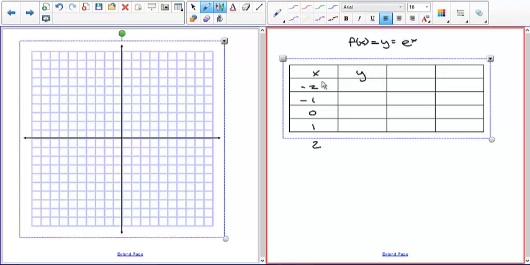So for each value of x, I'm going to plug it into that formula. So if you use your calculator, you'll get e to the -2 power, and that is 0.135, and then e to the -1 power is 0.368.